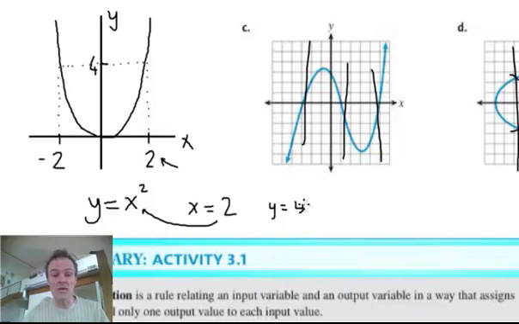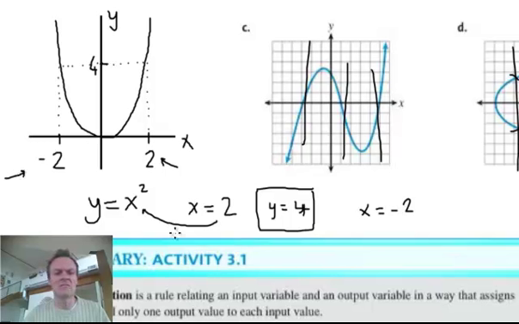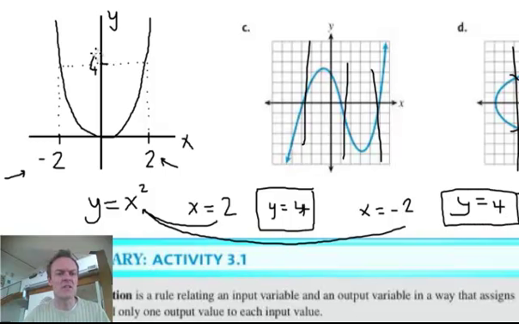So y equals 4. Now when x equals negative 2, over here, if I put that in and square negative 2, I still get y equals 4, don't I? And there it is here.